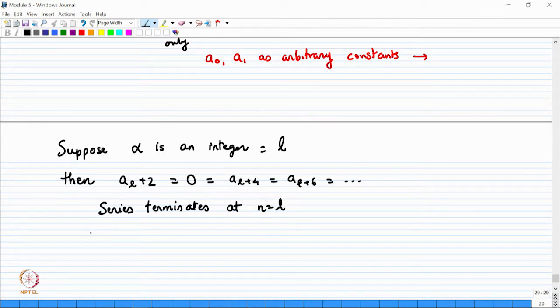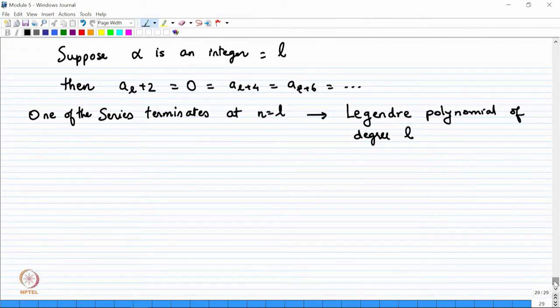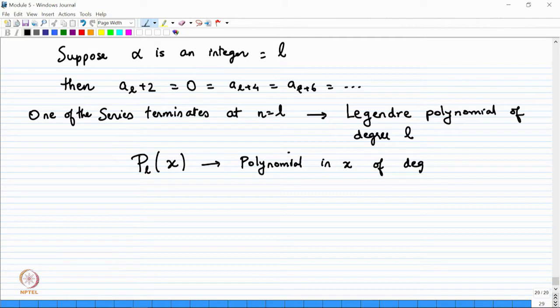So one of the series terminates at n equal to L. This terminated series is called a Legendre polynomial of degree L. It is represented as P L, with L in the subscript, P L of x, a polynomial in x of degree L.